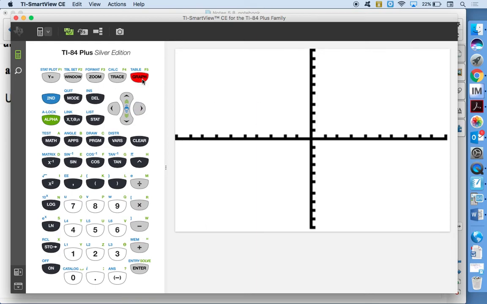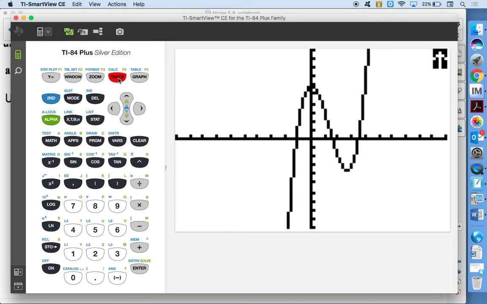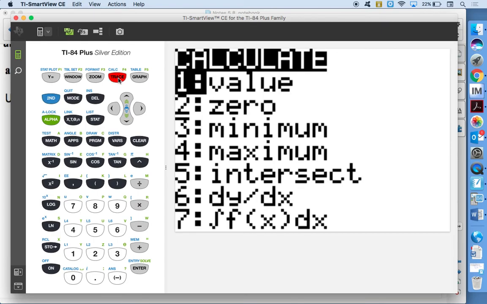If you hit the graph button, this is what my graph looks like, exactly like what's shown in the picture below. Does anybody remember how we use the calculator to find max and min values? Gray, do you remember? So you press the second calculate, and then you're going to do. I forget actually. Yeah, you're good.